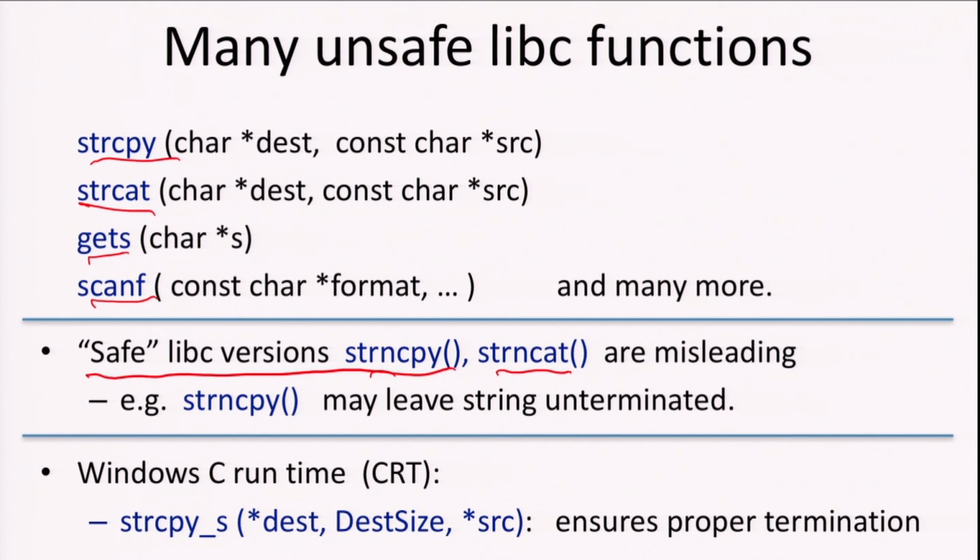But they have a problem: they don't check if you leave the string unterminated, because if you just take in n characters and those characters don't have the terminator, then you will not get the terminator. This could be a problem of unterminated strings, and that would again lead to buffer overflow. So Microsoft's strcpy_s ensures proper termination. It also checks for termination.